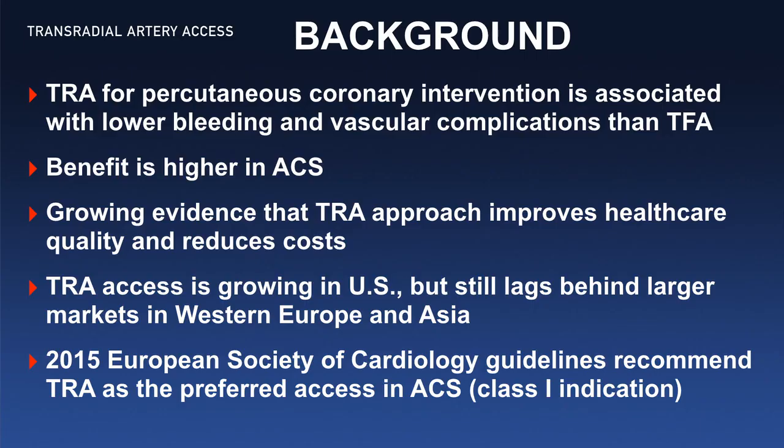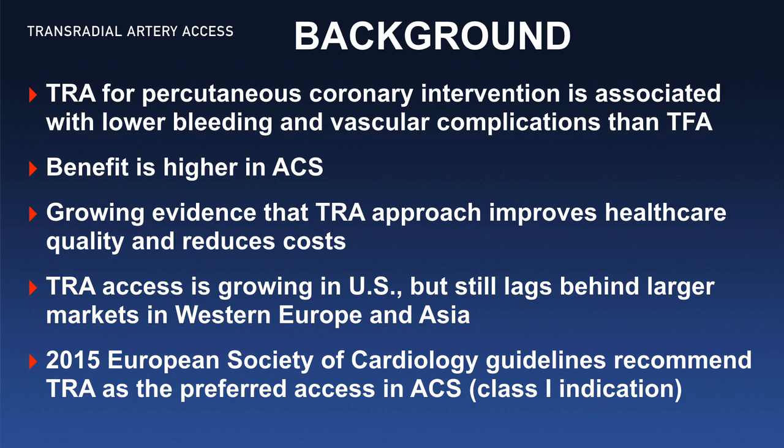The background on this is that using the radial approach for PCI, which is the shorthand term for stents and angioplasty, is associated with lower bleeding events compared to the femoral or groin approach, and less vascular complications. We see that the benefit is higher in patients with acute coronary syndrome, or ACS.